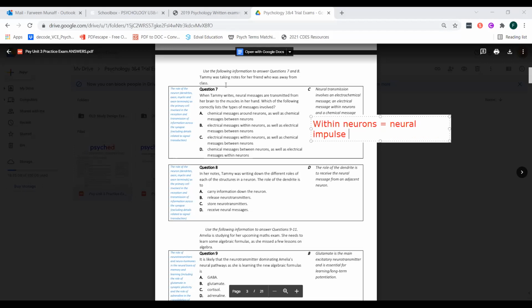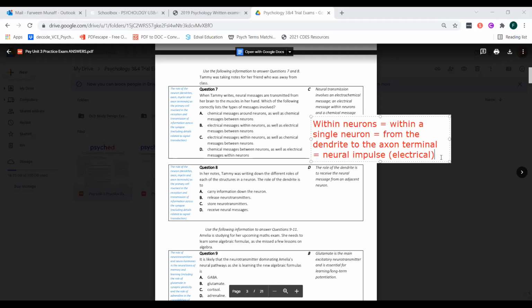Remember we said that it had a specific nature to it. It's electrical, yeah. So because it's electrical, when they say within neurons, what they actually mean is within a single neuron. That is from the dendrite, so from one corner of that neuron to the other corner, which is the axon terminal. And because the message that's traveling within the neuron from one side to the other is always an electrical impulse or a neural impulse, we say that it's electrical in nature, because another word for neural impulse is electrical impulse.